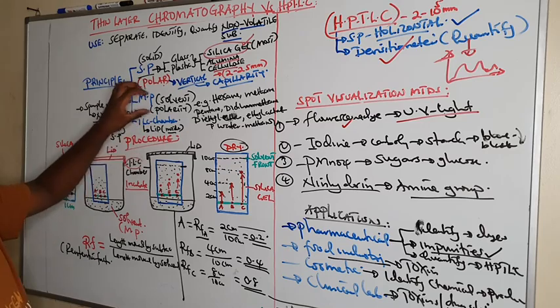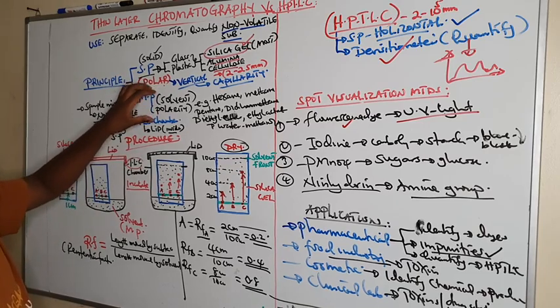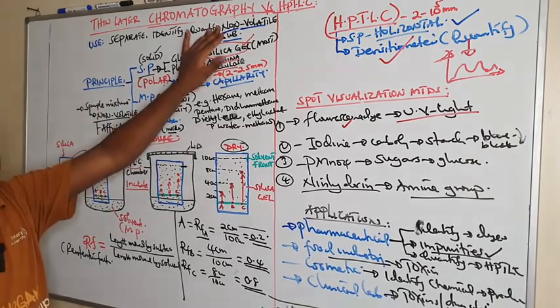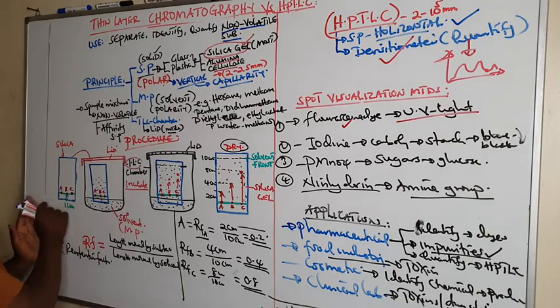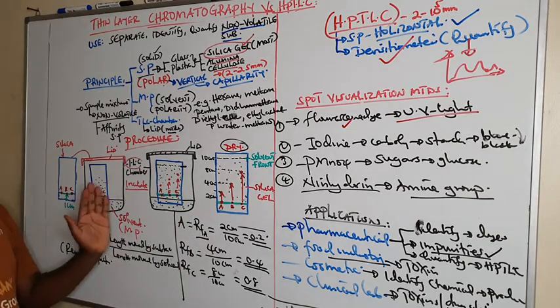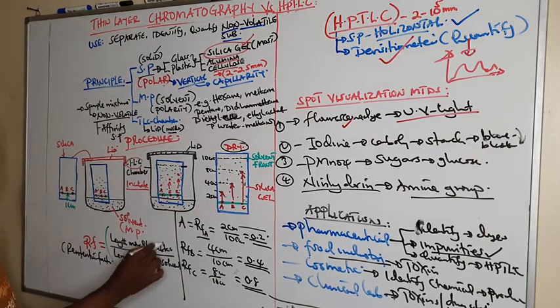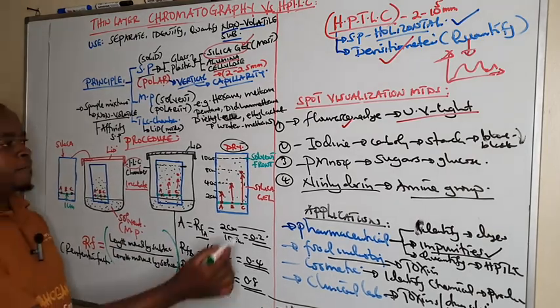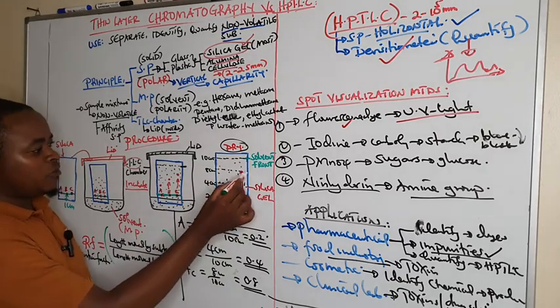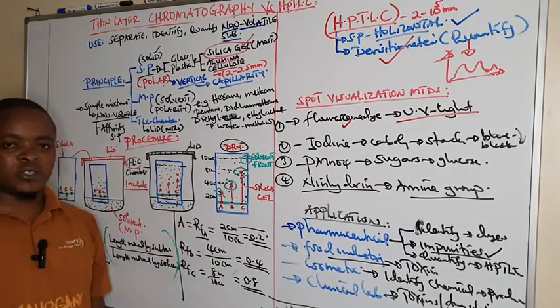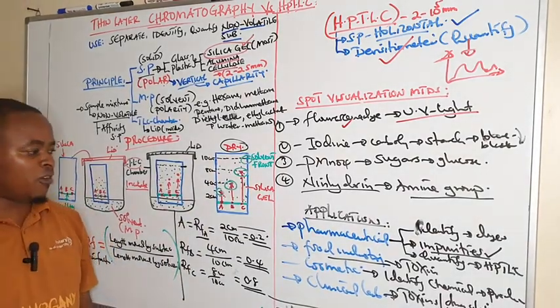We have seen the type of mobile solvent used, and that is why we use it for separating non-volatile substances. We have gone ahead to look at the procedure, how it is done, and how to calculate the retention factor by looking at the distance moved by the substance divided by the distance moved by the solvent, which is the mobile phase.